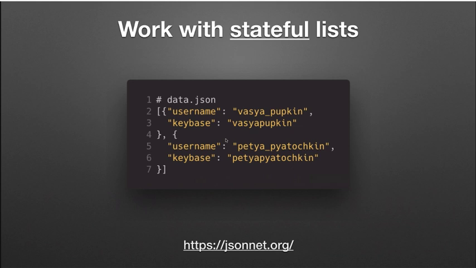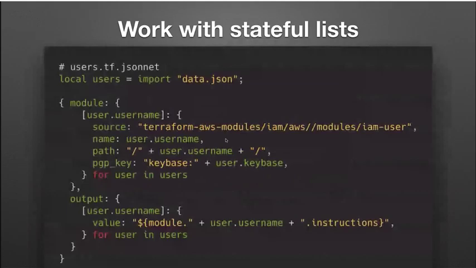So imagine the structure as here: a JSON file where we declare username and key base. And this is how a Jsonnet template looks. So we are importing the user's configuration, and we are creating a JSON structure from this.